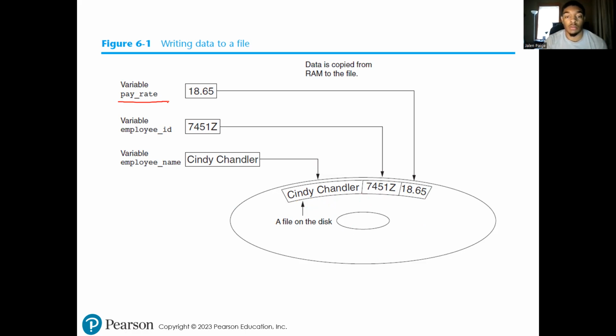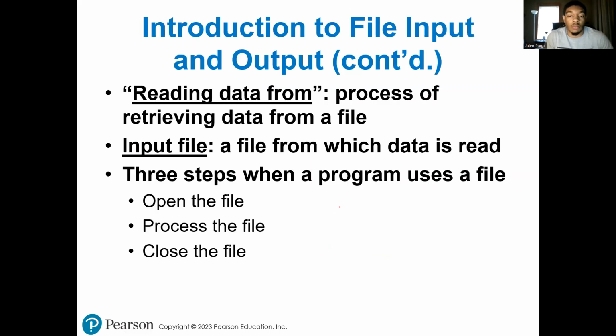So we have the variables pay rate, employee ID, and employee name. All of these variables have some sort of values assigned to them. Pay rate is 1865, employee ID is this number, and employee name is Cindy Chandler. It will generally be stored somewhere on this file right here. And whenever you're writing data to a file, it will be put into an empty space that exists inside of your disk or inside of your file.